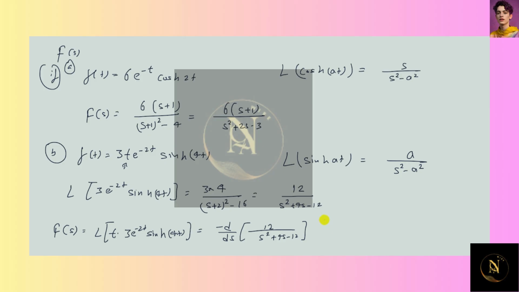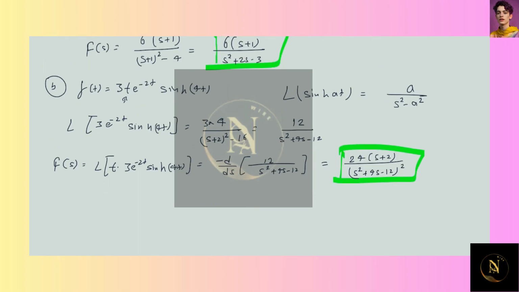When we do the differentiation, we get 24(s+2) divided by (s² + 4s − 12), and now we have to take the square of this term. So we have the answer for part A and part B, and now part C.